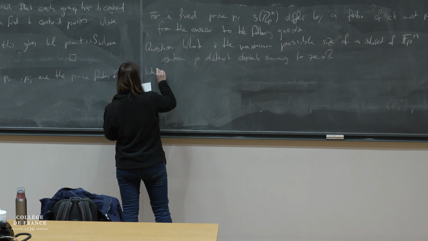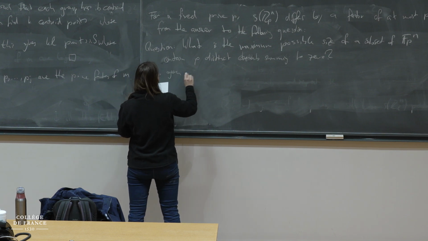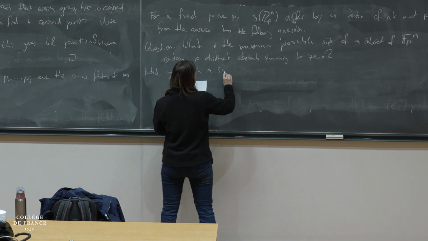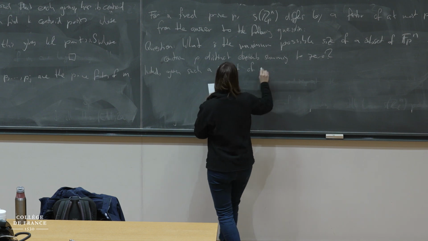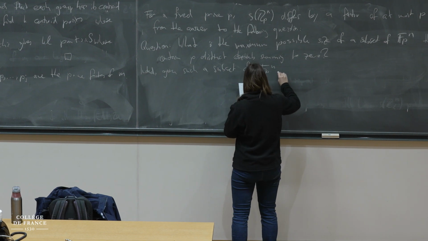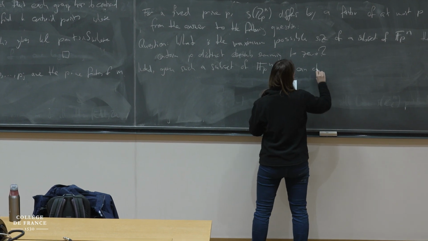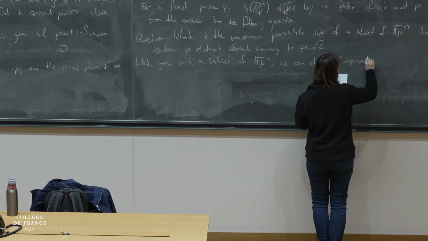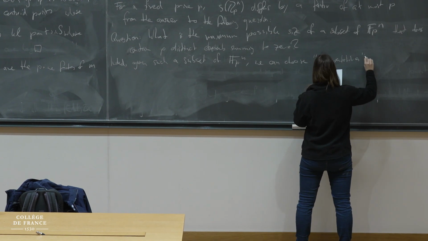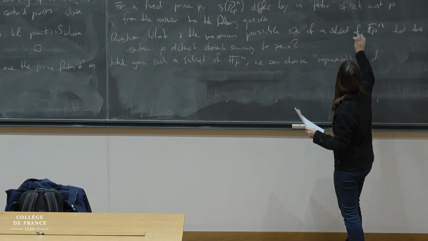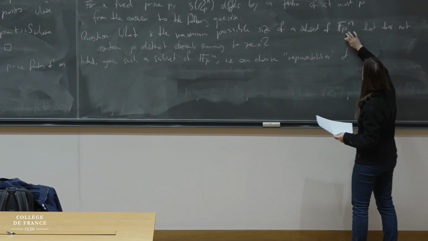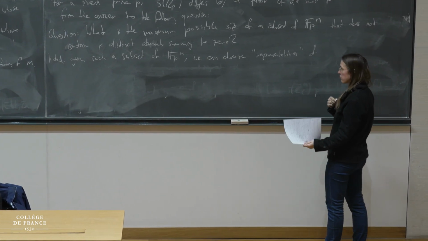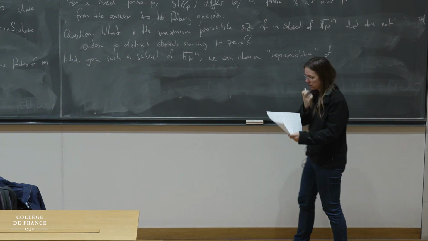So indeed, given such a subset of Fp to the n, we can choose representatives of each of the points in the subset. Each of these points in the subset is a point in Fp to the n, but then we can choose a representative of that in Z to the n.